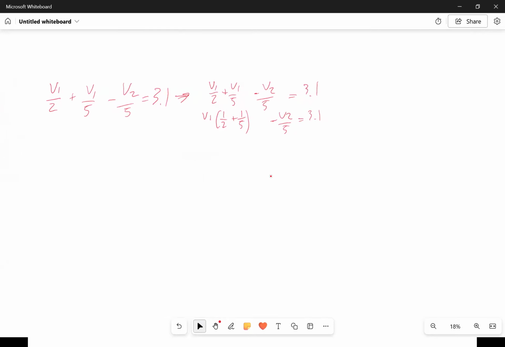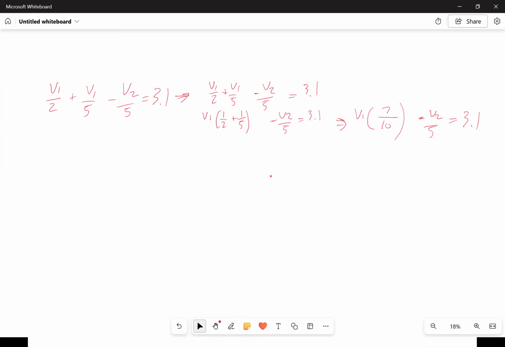You don't have to do this extra step, but I'm lazy, like I said, so it makes my life a little bit easier. So this is V1 times, we know a common denominator is 10, and then this is going to be 7/10 minus V2 over 5 is going to be equal to 3.1.